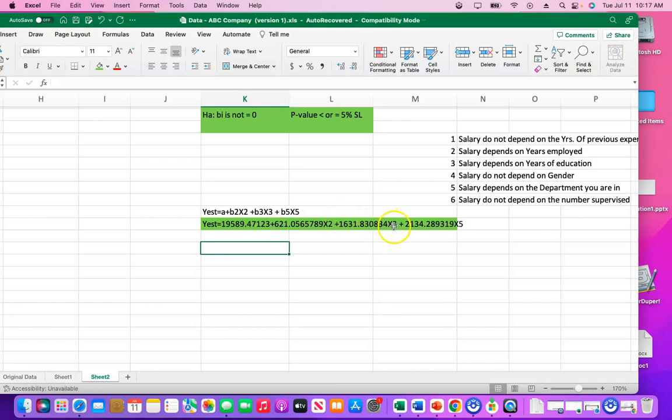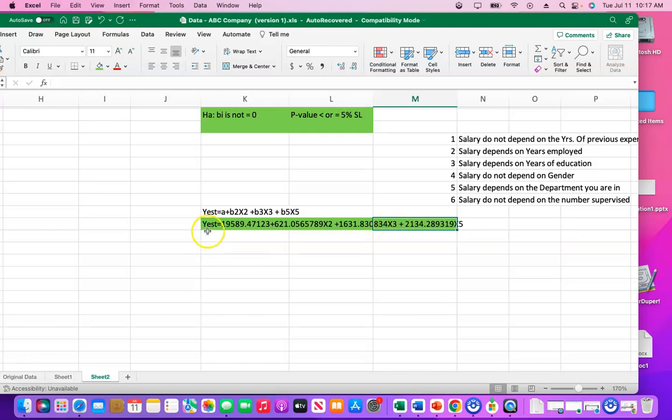So then if we want to explain X3, which is years of education, all we can say is if you obtain 1 year of education, how will that affect your salary? So we put 1 in X3.